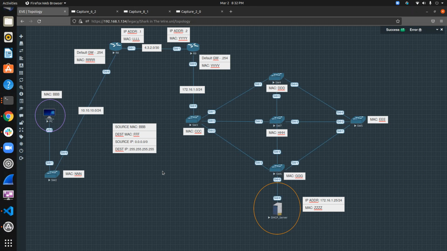Okay, so what's happening, right? We're going to keep it simple. It's just like a relay race. We know, and Brian remembers from our last session, that layer 2 broadcast messages are not forwarded across a layer 3 boundary, meaning that router isn't forwarding any broadcast messages.